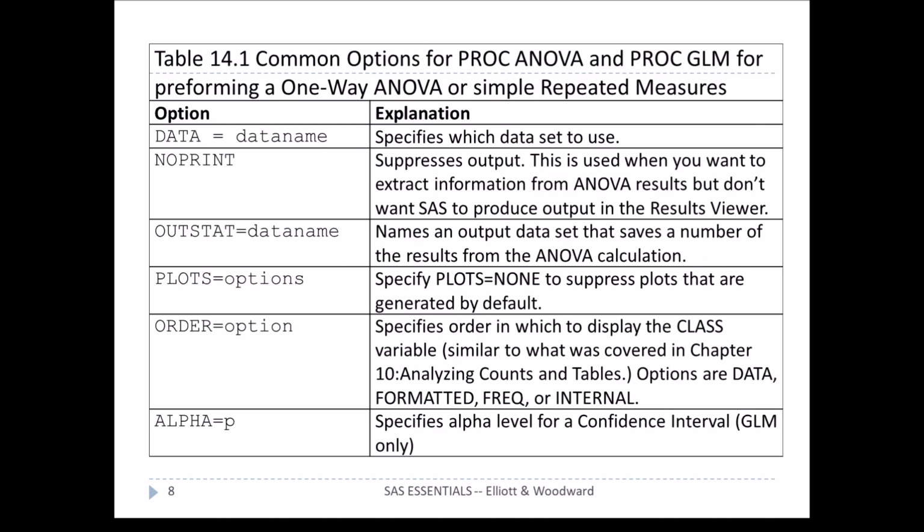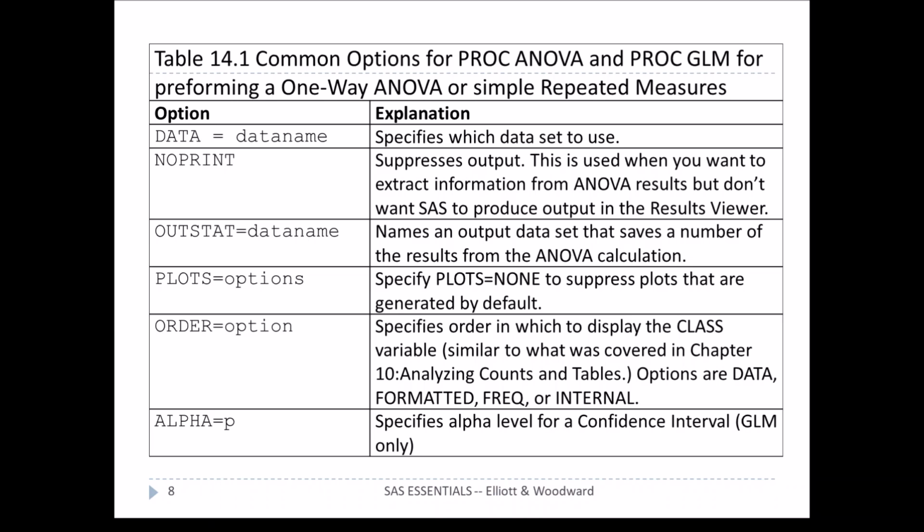All right, here are some common options for PROC ANOVA and PROC GLM for performing a one-way ANOVA or simple repeated measures analysis. The data option we've seen all the time. The NOPRINT option we've seen often. It suppresses the output if we want to output the data for some other reason. And to do that, we would use OUTSTAT= a data set name, which outputs a data set and saves a number of the results of the ANOVA calculation.